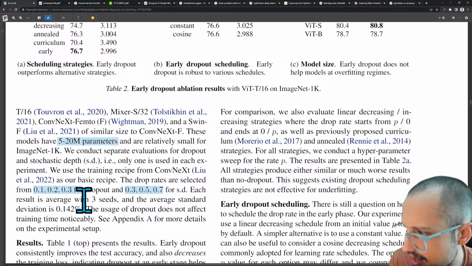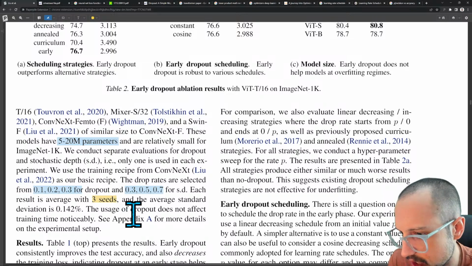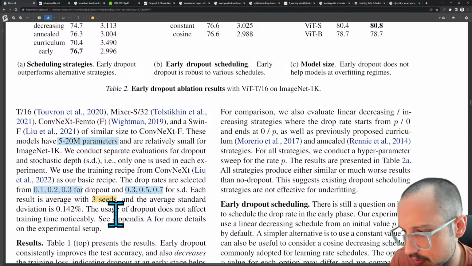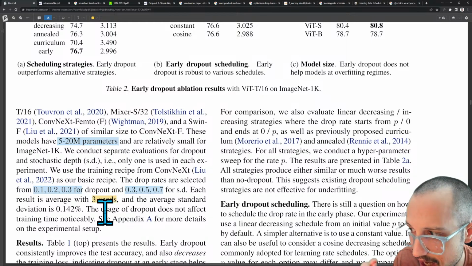Each result is averaged with 3 seeds. So seed here refers to the random seed. Because dropout is a random process, it's going to depend on a seed, which is going to change. Seed is basically what you use to create a random process in a computer, and if you use the same seed, the random process will be the same every time, right?